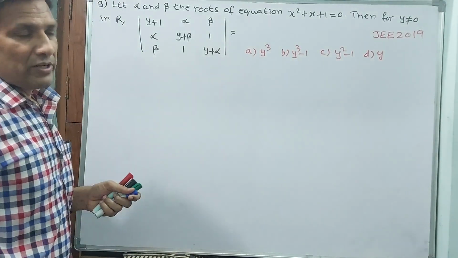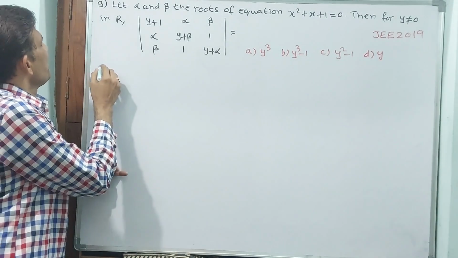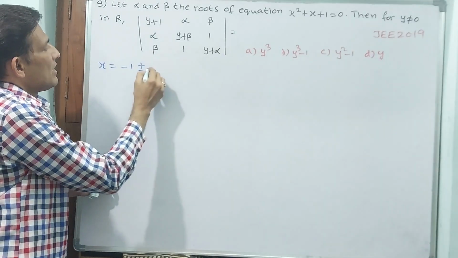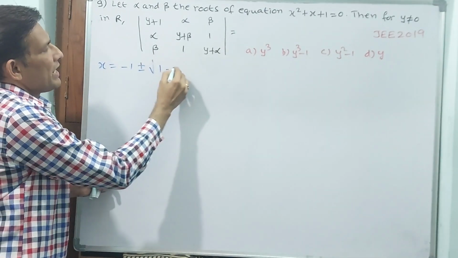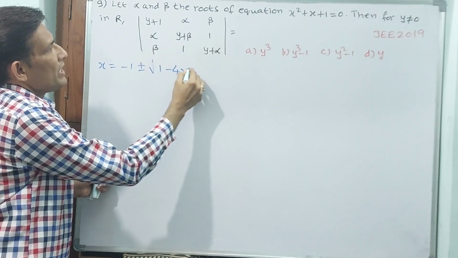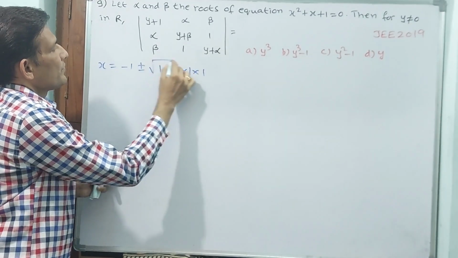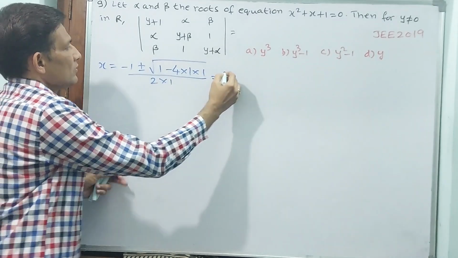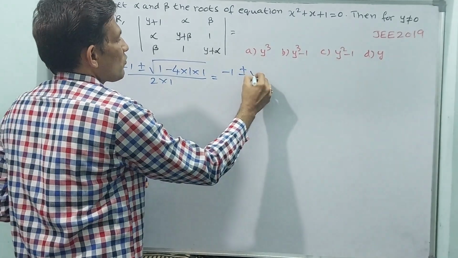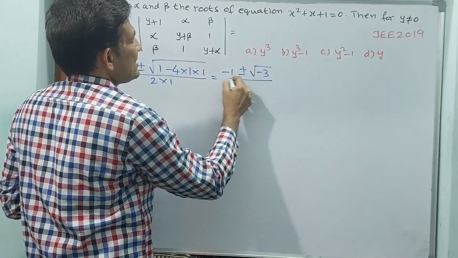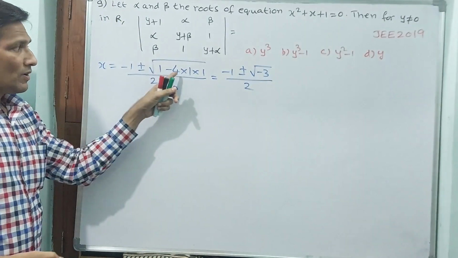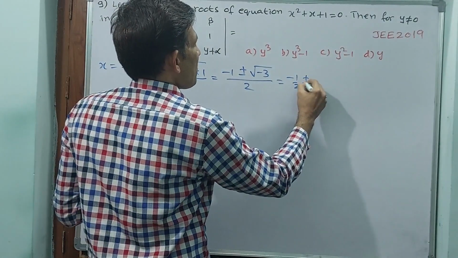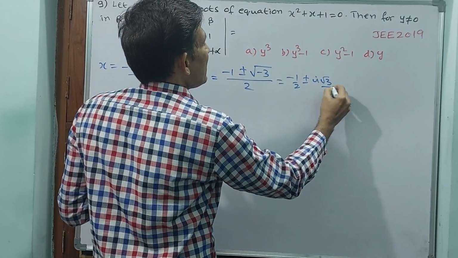You cannot go by factorization, we will go like this. x is equal to minus b plus or minus square root of b square minus 4ac by 2a, that is equal to minus 1 plus or minus square root of minus 3 by 2. 1 minus 4 is minus 3. That is equal to minus 1 by 2 plus or minus i root 3 by 2.